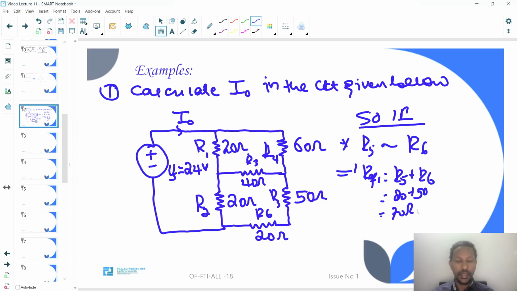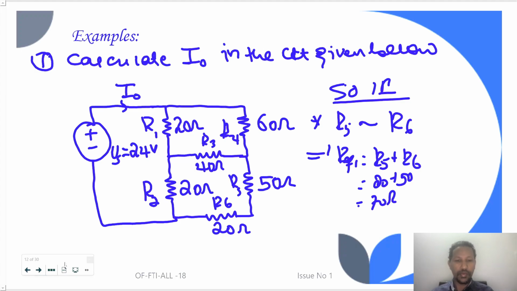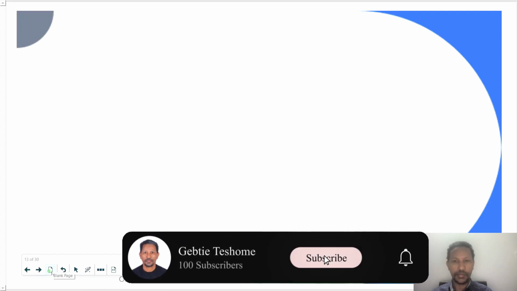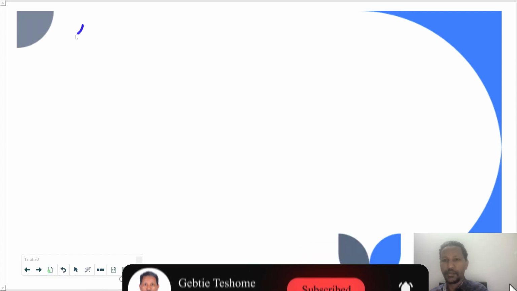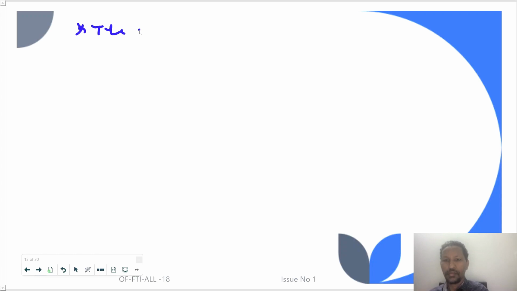Using this, we can draw the reduced circuit. As you can see here, you have the source voltage, which is 24 volt.